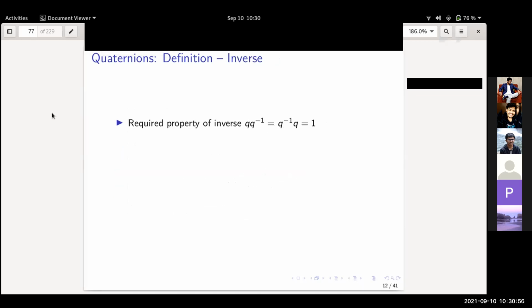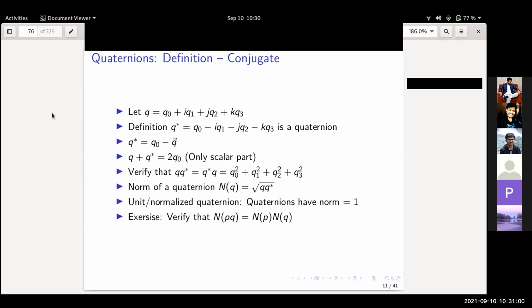Okay. Yes, did you want to say something? Sir, in quaternions, don't we have a form like r into e power i theta, like we have in complex numbers? As of now, I cannot imagine it. Maybe you should check it out. Can't we choose something like i theta, j alpha, and k beta?